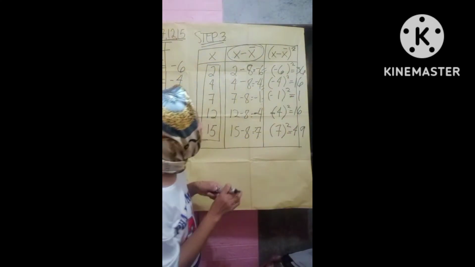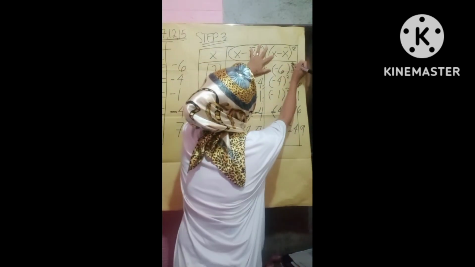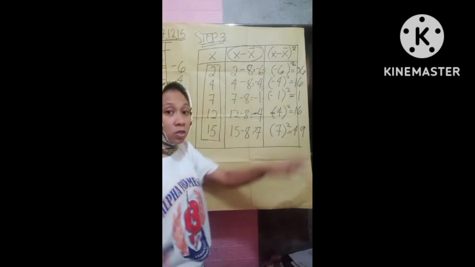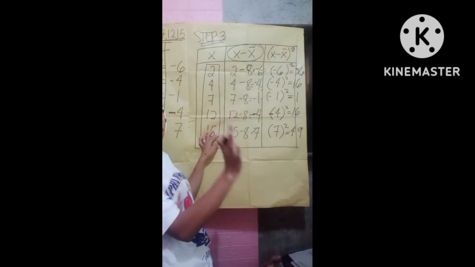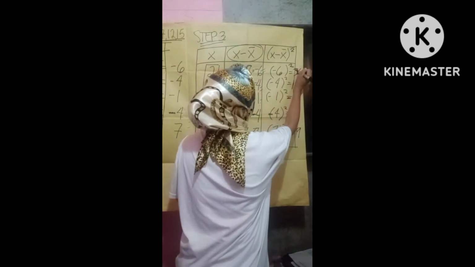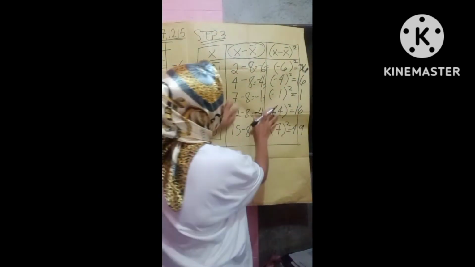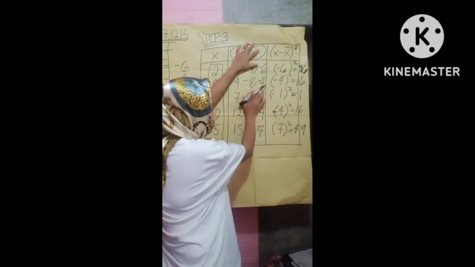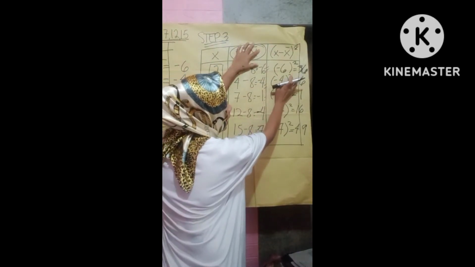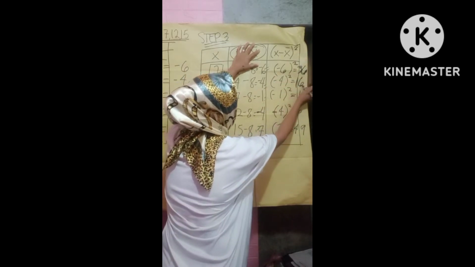So, ang sagot dito sa second column na negative 6, okay? So, kung ano yung squared niya, negative 6 times negative 6 is equals to positive 36. Okay? So, sa next column, ang sagot niya is negative 4. So, negative 4 times negative 4, kasi squared nga ang hinahanap, is equals to 16. Okay?